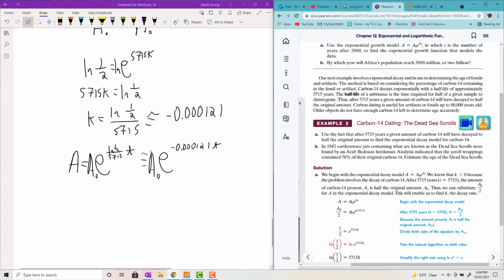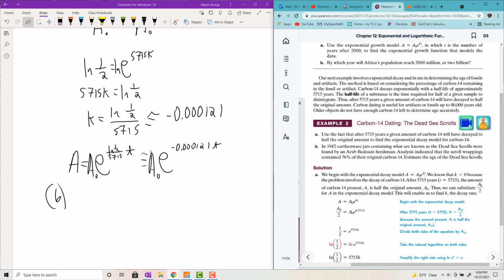Then part B: in 1947, earthenware jars containing what are known as the Dead Sea Scrolls were found by an Arab Bedouin herdsman. I thought maybe Arab was his name, but it's a description. I am so sorry.